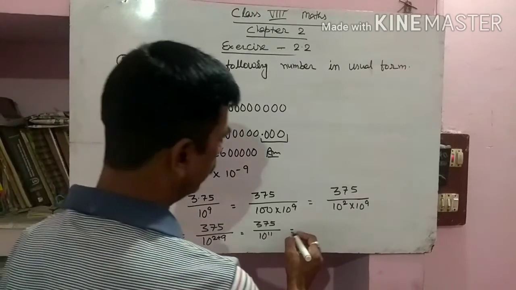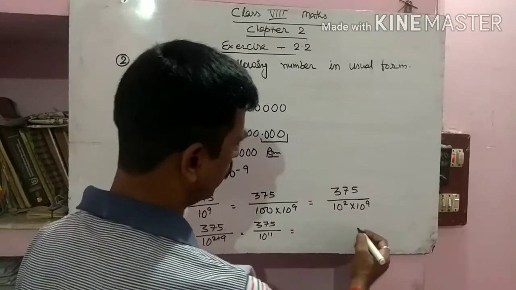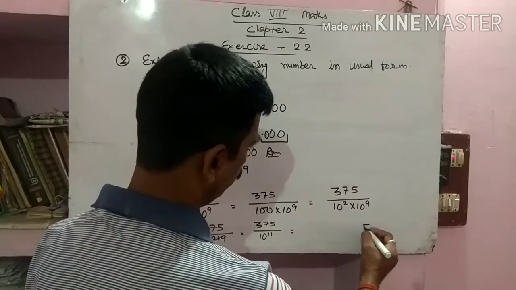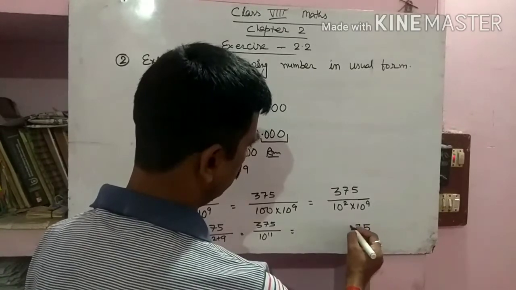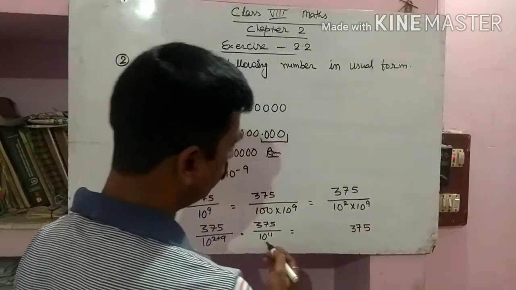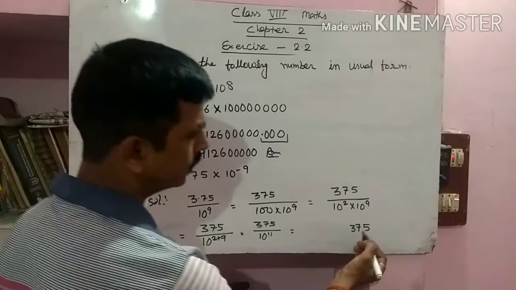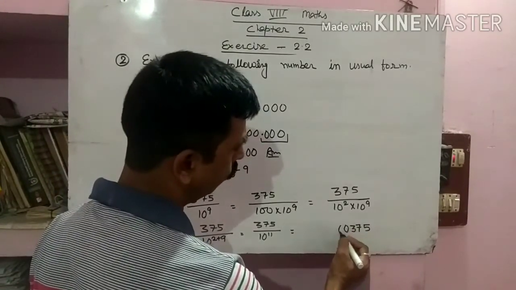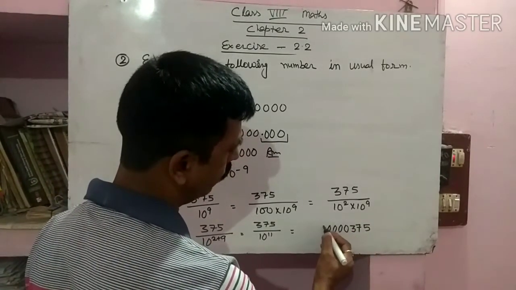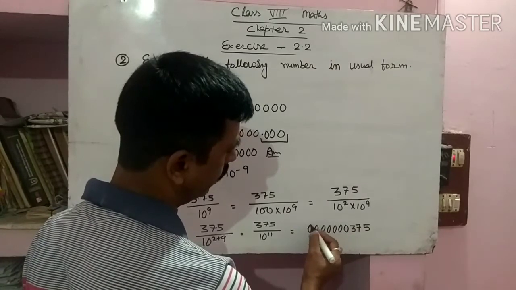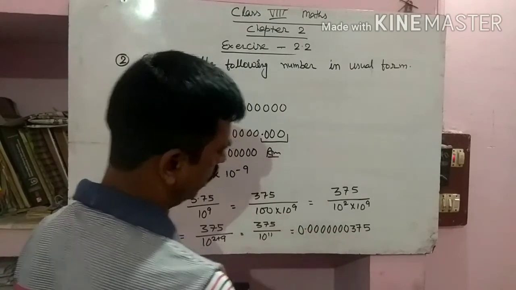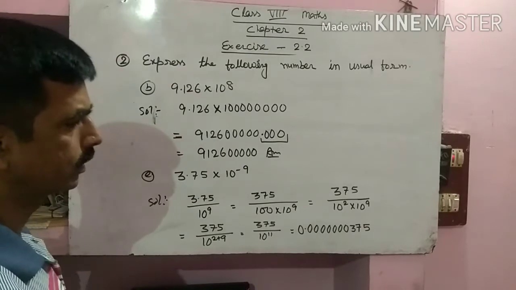In that case, we have to just write the number as 573 and count the 11 digits. This is 3 digits, then 4, 5, 6, 7, 8, 9, 10. Then we put a decimal mark. So it will be like this.